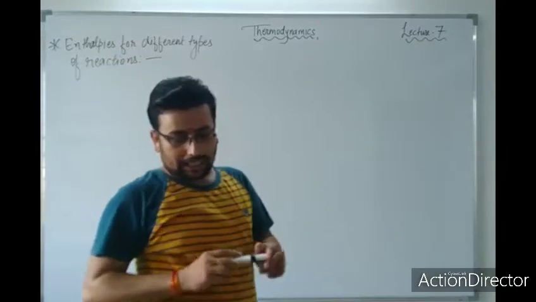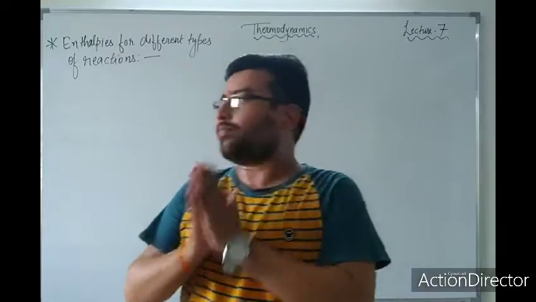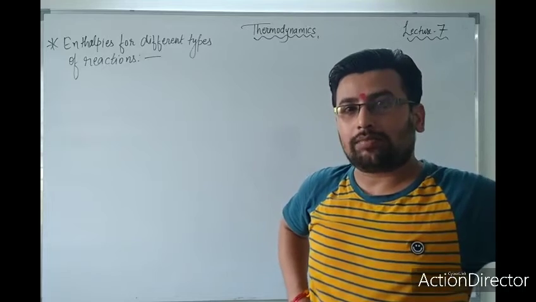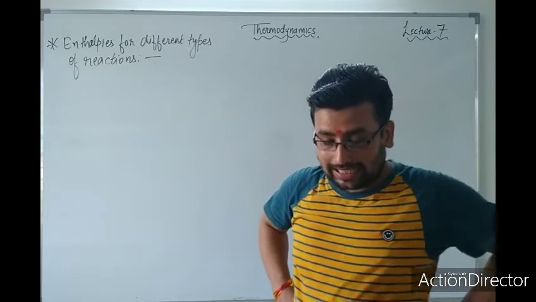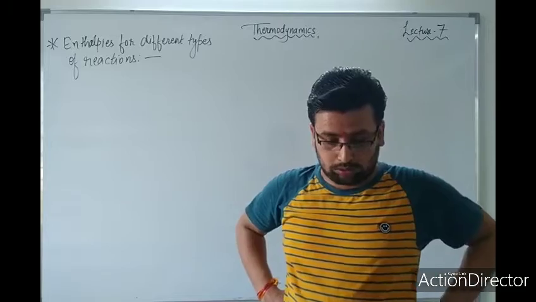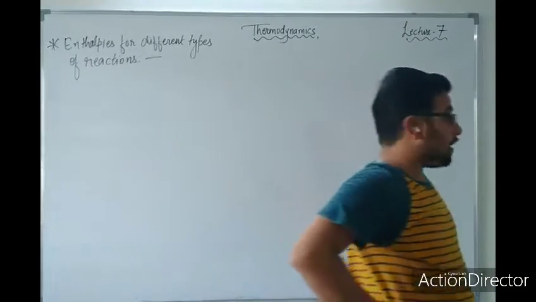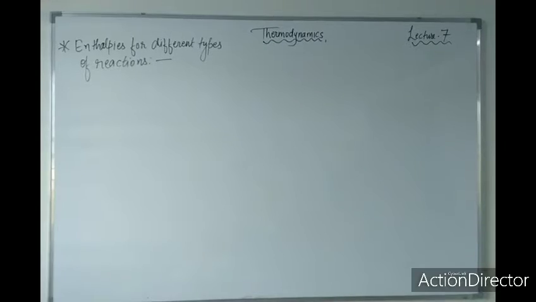So first of all, I would like to ask you, in the previous video, in lecture number 6, I had talked about the standard enthalpy. Have you remembered the word standard enthalpy? Yes or no? Reactant and product. If you have remembered, then it's very easy. Just pause the video and rewind what I have said in the previous video. So this new topic is enthalpies for different types of reaction.